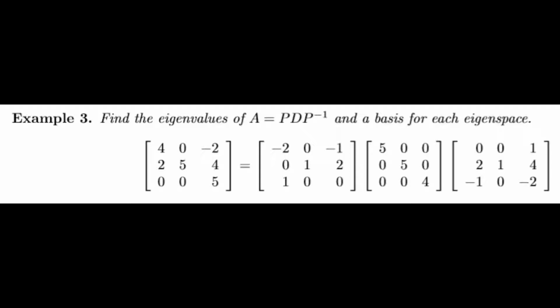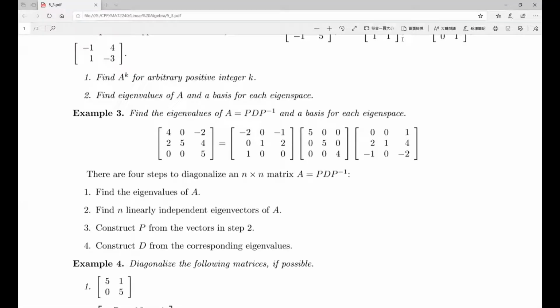All right, and for example 3, go ahead and try this one on your own. It's the same thing, right? Look for the eigenvalues, which you can find from the entries of the diagonal matrix D, and then for the linearly independent eigenvectors, you look at the columns of P. Right.